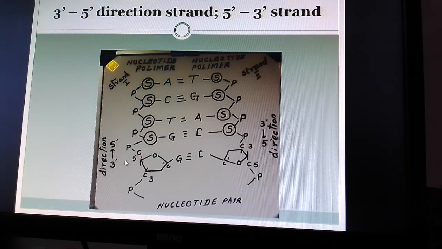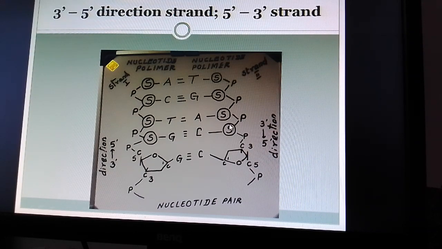Now here you see the phosphate at the upper side joining the pentose sugar at the 5th position, and then the phosphate at the lower side will be joining the 3rd position of the pentose sugar. Accordingly, by the direction of the attachment of the 3rd position and 5th position of the pentose sugar, you can say the 3-5 direction of one strand.